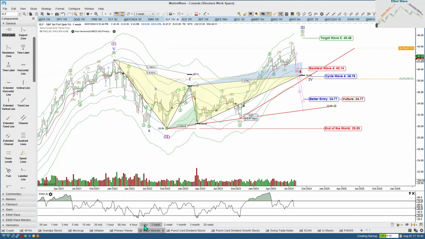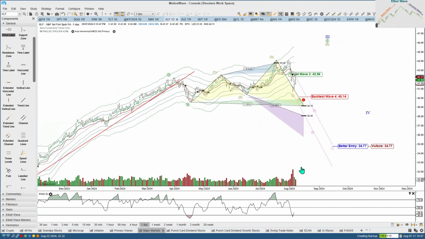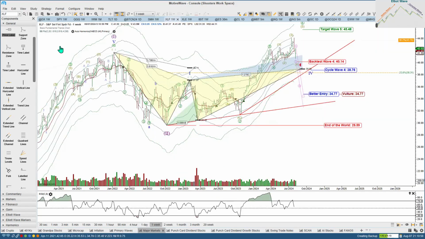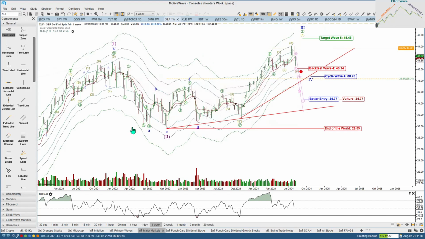The downside. Now I want to go down to the daily and look at this. Daily brings us a little bit lower, okay, where we're looking at maybe 38. The 4-hour doesn't see anything different either. So at this point, I'm not seeing anything that's aggressive to the downside that supports that impulse leg, at least with those technical tools. But we did have a confirmed high and a divergent high.